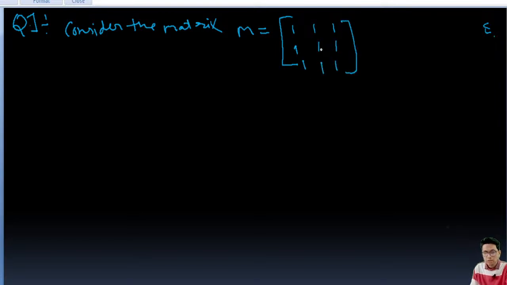This is the matrix which is given. This question has two parts. The first part is asking the eigenvalues of M.